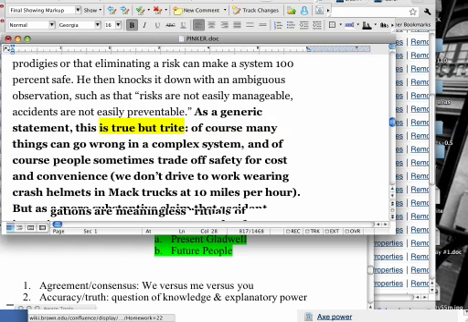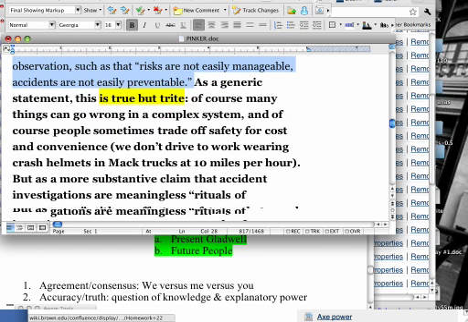Okay, so he then knocks it down with an ambiguous observation such that risks are not easily manageable, accidents are not easily preventable, right? That's the straw part, right? First the we part, then the straw part, right? Where the transition happens is where the boldface type is right now, right? As a generic statement, this is true but trite, and then an explanation, right?